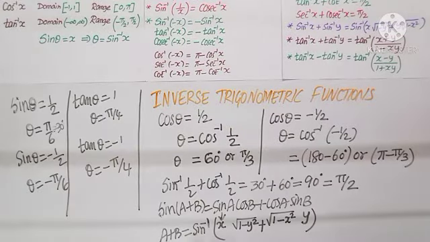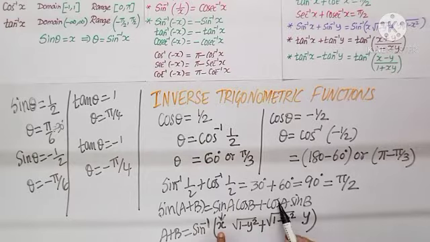Remember the formula sin A plus B. Sin A plus B is sin A cos B plus cos A sin B. Suppose I take sin A is x. Then cos A will be root of 1 minus sin square A, or root of 1 minus x square. If sin B is y, cos B will be root of 1 minus sin square B, that is root of 1 minus y square.